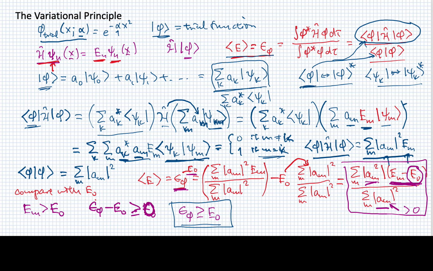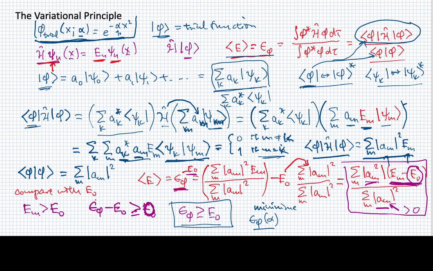Now, I introduced this as something that was dependent upon a parametric parameter, alpha. All right, well, what we can do is we can minimize this E sub phi because it is implicitly a function of alpha if our trial wave function depends on alpha. It has to depend on alpha.